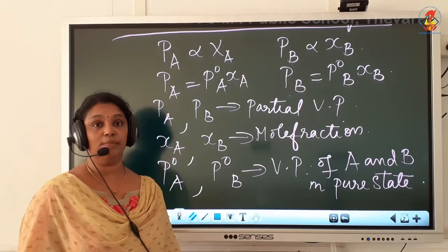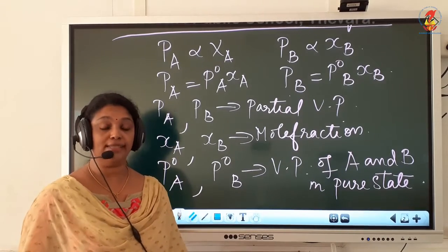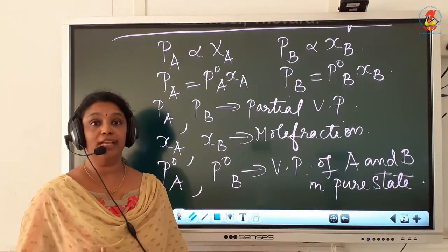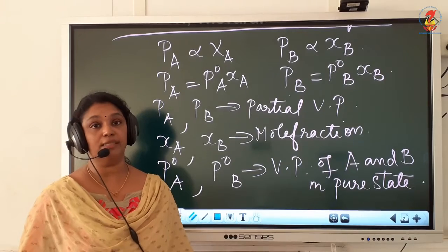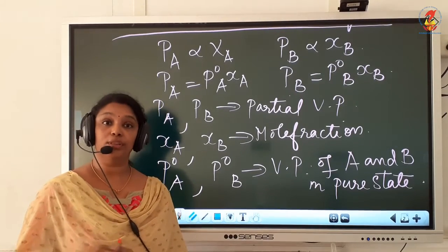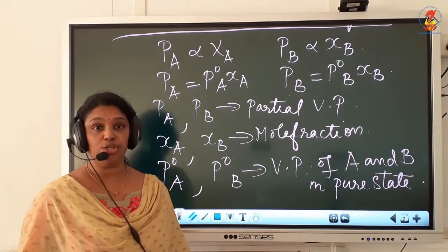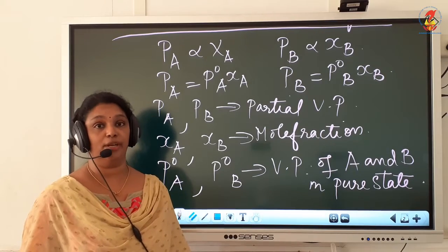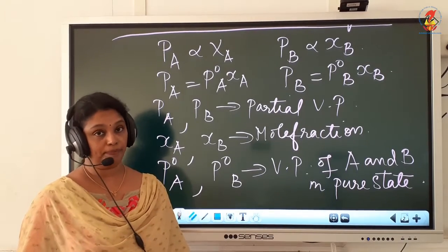Only when A is present, we denote the vapor pressure of A as P naught A. Only when B is present, we denote the vapor pressure as P naught B. When both are mixed, A and B, we get solution. So we get the partial vapor pressures PA, PB.